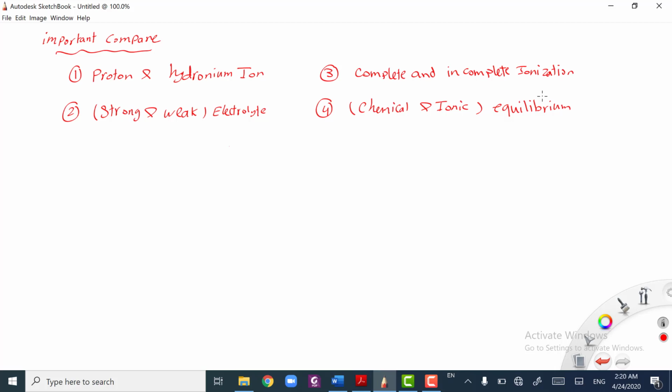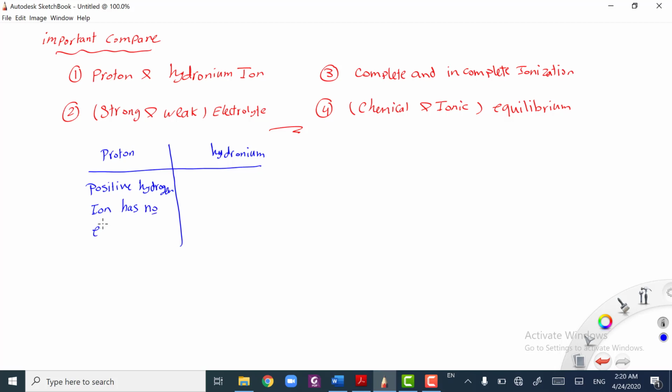Firstly, we'll start with the proton and the hydronium. The proton is the positive hydrogen ion, which has no electrons in its orbital.